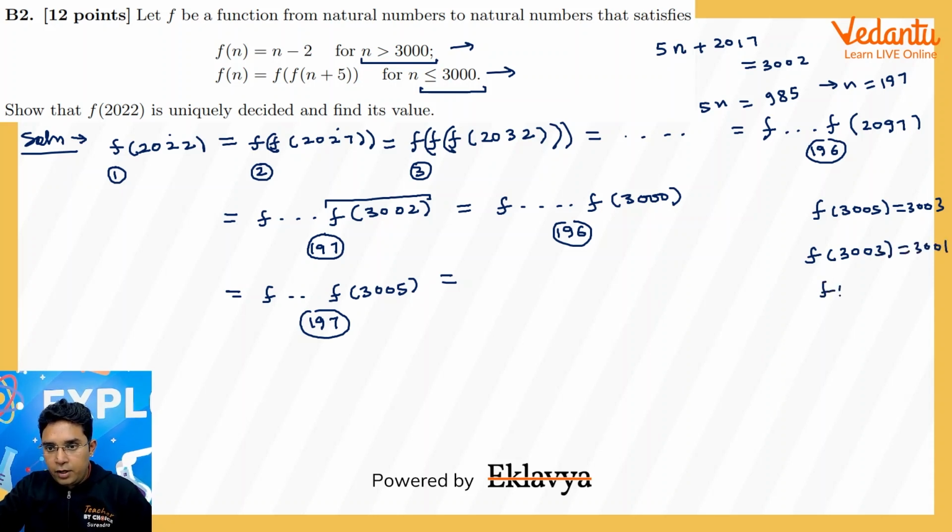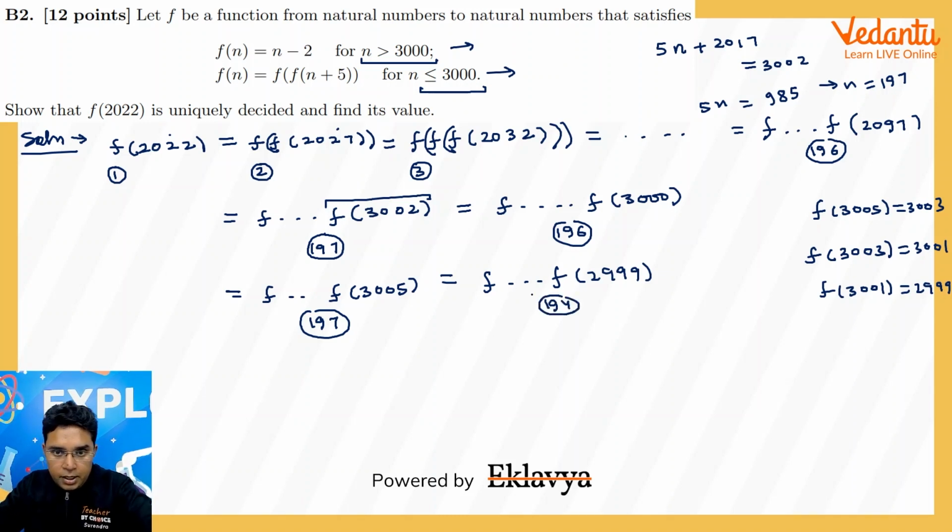And once again, if I do it, it will be f of 2999. And then we cannot use this formula. So here you can see I will be using f of f 3 times, and we will be getting f of 2999. In this case, 3 f's would have been reduced, so it will be just 194 times.